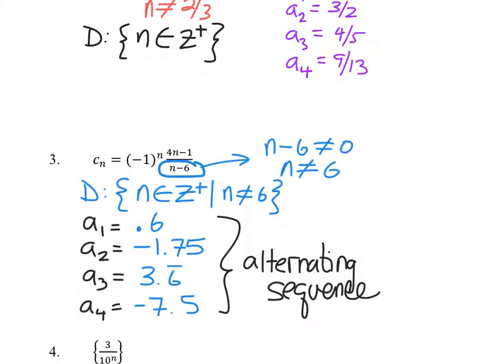All right, so if I had to write a rule to represent a sequence of values, and I knew that they were alternating between positive and negative, what I would do is I would incorporate a -1 to a variable power, right? Because depending on where you are in the sequence, that would give us either a positive or negative result. Now, we didn't figure out these numbers by hand, so you may look at this and say, well, if I plug in a 1 for n, that would give me a negative number, but that's not really considering what this ratio here gives us.